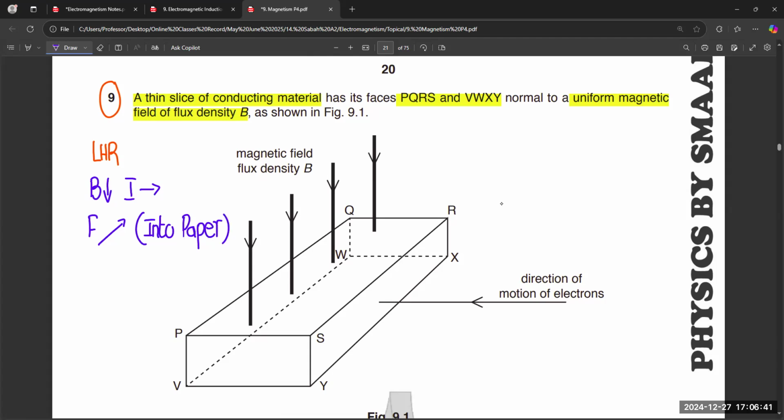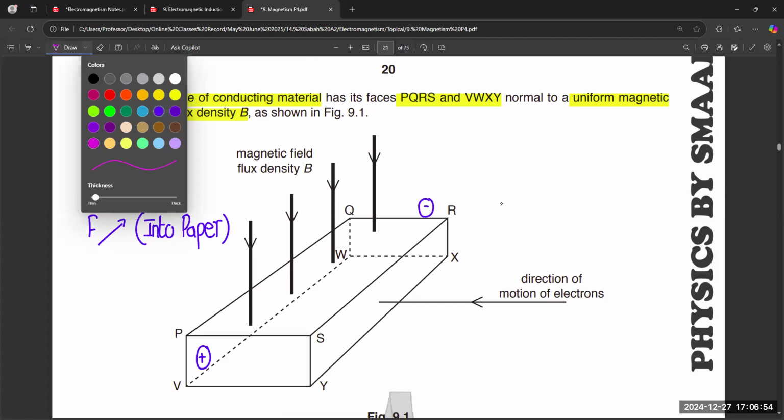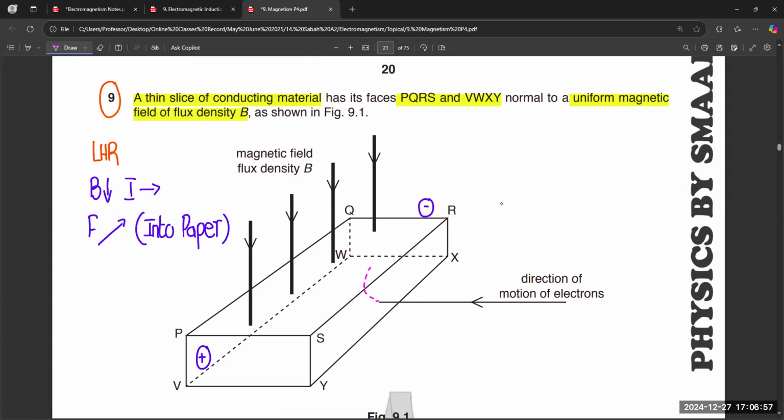Correct. So this side becomes positive and this becomes negative, and electrons start to deflect in this direction.